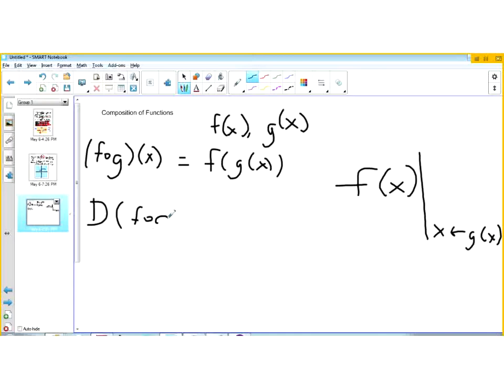So the domain of a composition goes like this: it consists of the g of x values that are in the domain of f of x.